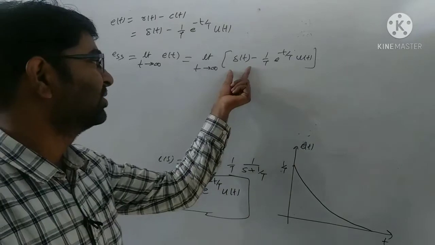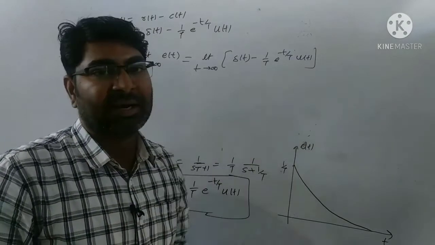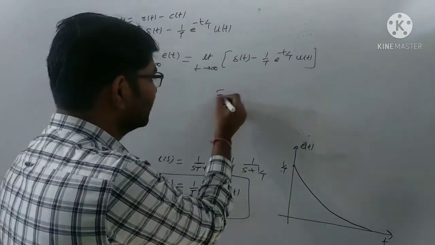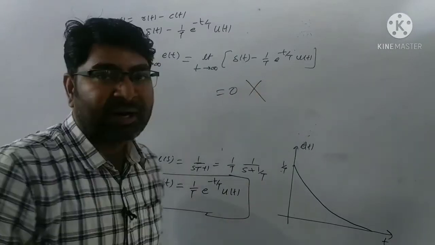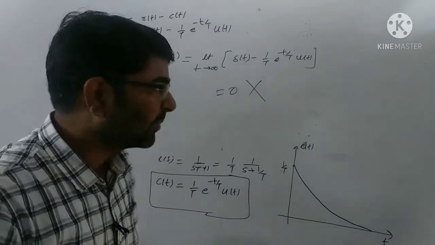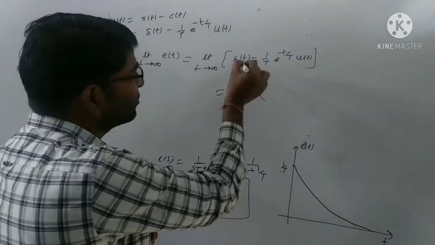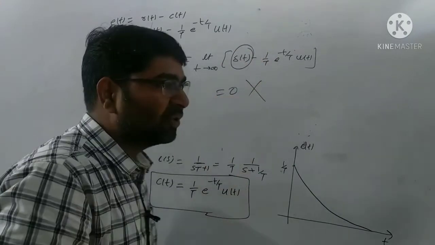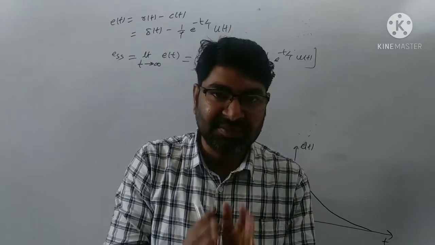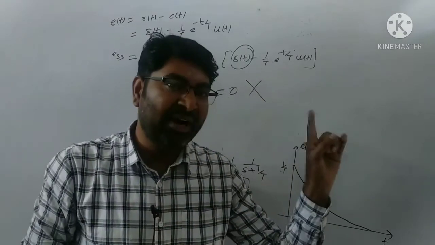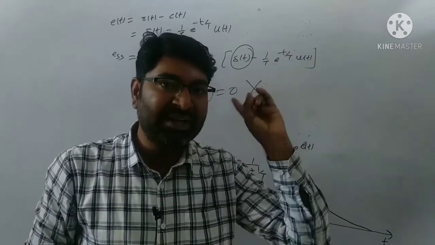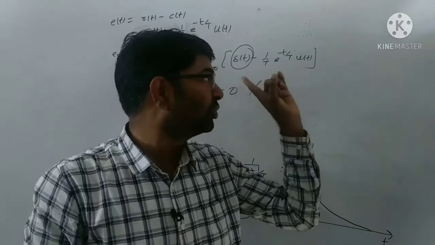Someone may say 0 minus 0 is 0, so steady state error is 0, which is not correct, because at infinity my input is not present. Whenever you compare something, the input should be present.